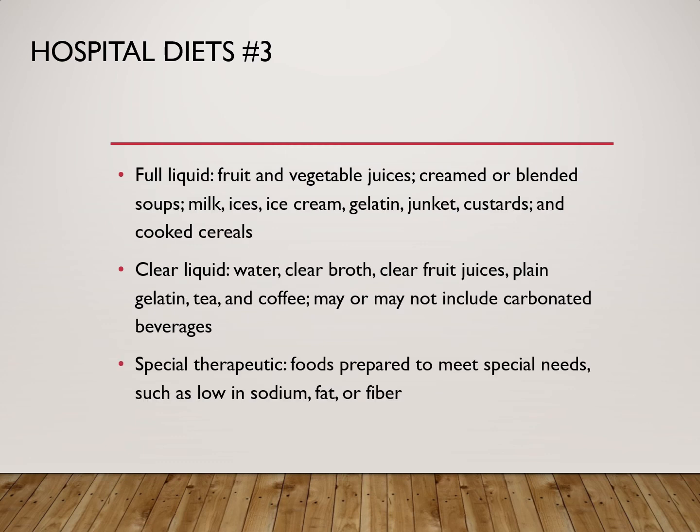Full liquid diets are fruit and vegetable juices, creamed or blended soups, milk, ices, ice cream, gelatin, junket, custards, and cooked cereals. Clear liquid is water, clear broth, clear fruit juices, plain gelatin, tea, and coffee. May or may not include carbonated beverages. Special therapeutic foods are meant to meet special needs such as low in sodium, fat, or fiber.